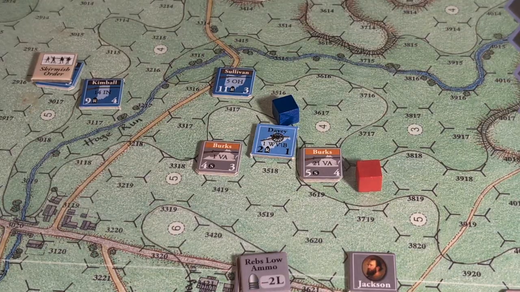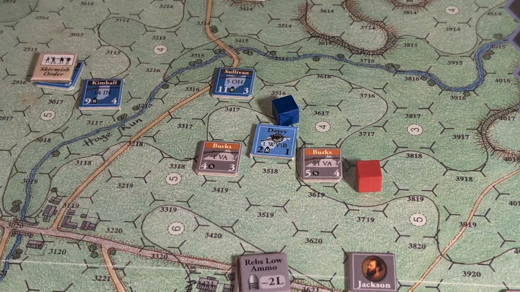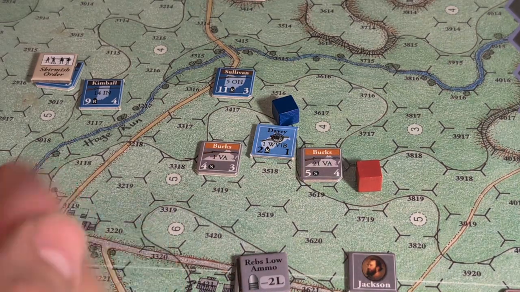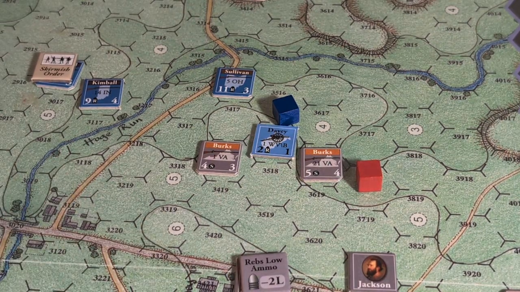So he's time and a half, so he's going to have a strength of 3. He's not smoothbore, so didn't get the canister type firing. Okay, 53. Strength of 3.